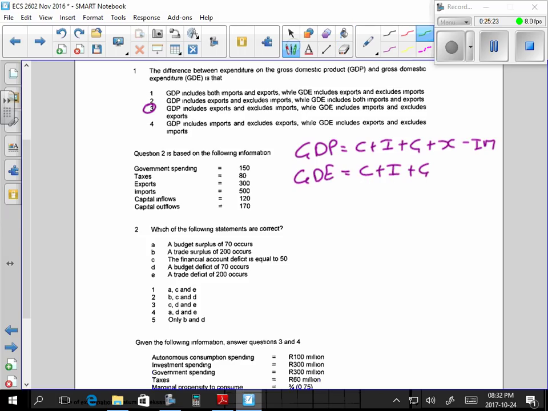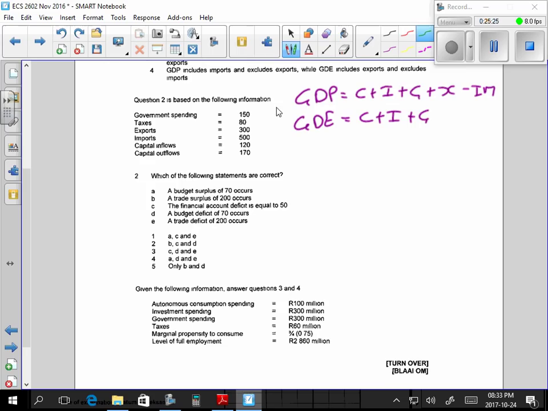Question 2. Which of the following statements is correct? Based on the following information. All right, so we're talking about a budget surplus, a trade surplus, a financial account. Okay. A financial account measures your inflows and outflows of capital. More capital flowing in, financial account surplus. More capital flowing out, financial account deficit.